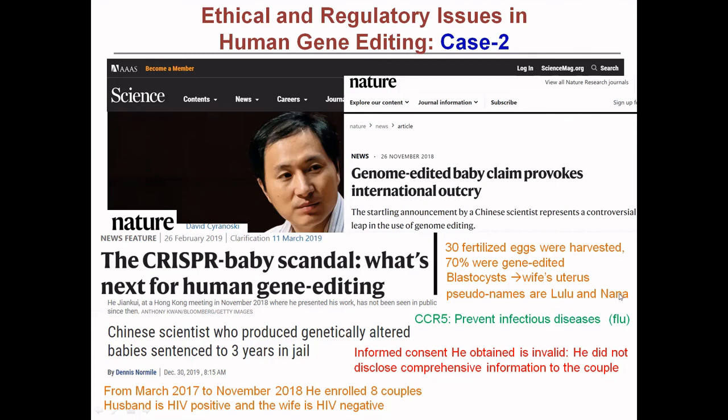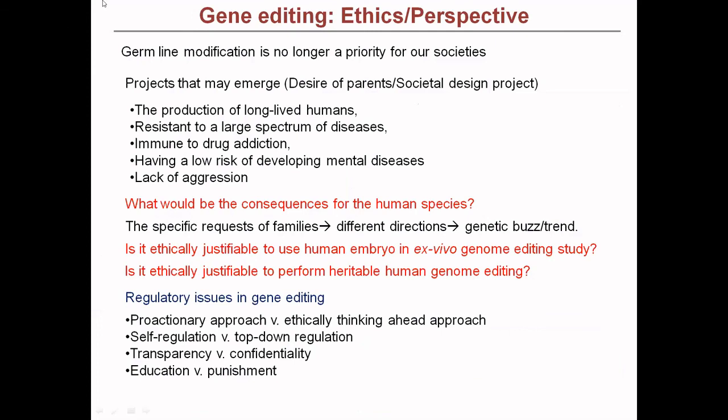But the problem is that after that there was an outcry because these were viable zygotes. This person was investigated and it was found that the consent was not taken properly, and it is a big problem, at least for the time being. So, gene editing ethics and perspective.